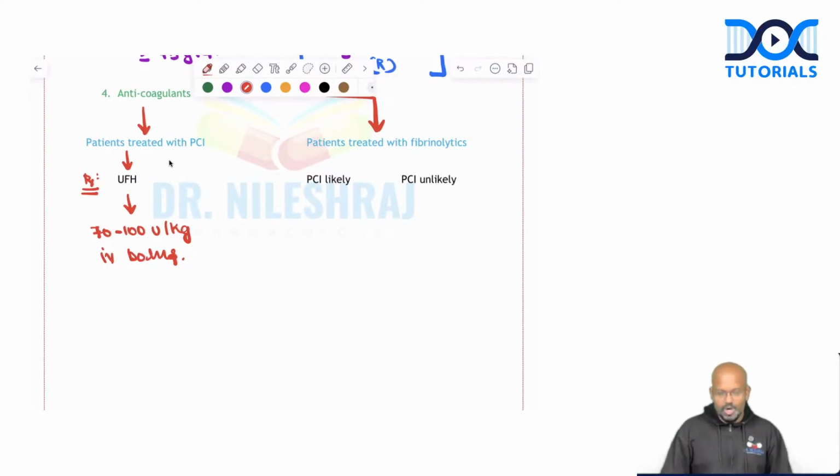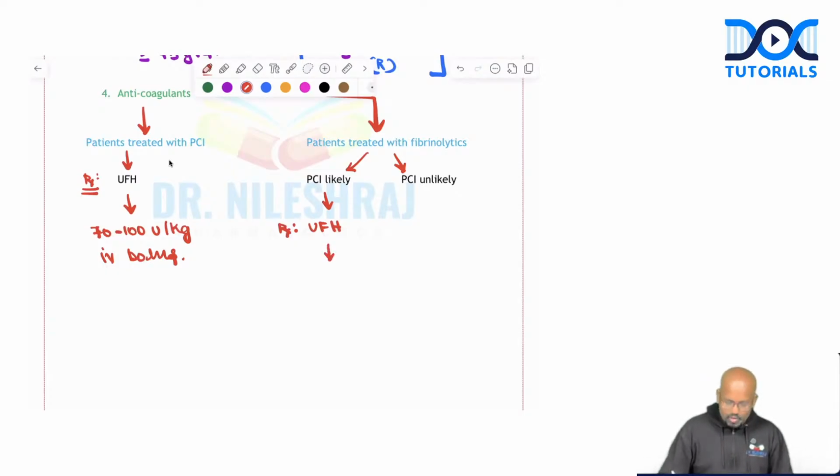What about fibrinolytic agents? Thrombolysis has already been happening, so in those cases we have two major options, depending on whether after administering fibrinolytics you are progressing on to percutaneous intervention or not. If you are progressing to percutaneous intervention, then again we treat the patient with unfractionated heparin.